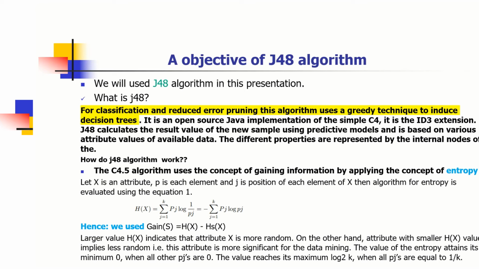How does the J48 algorithm work? By applying the concept of entropy. In this formula, X represents the attribute, P is each element, and J is the position of each element of X.